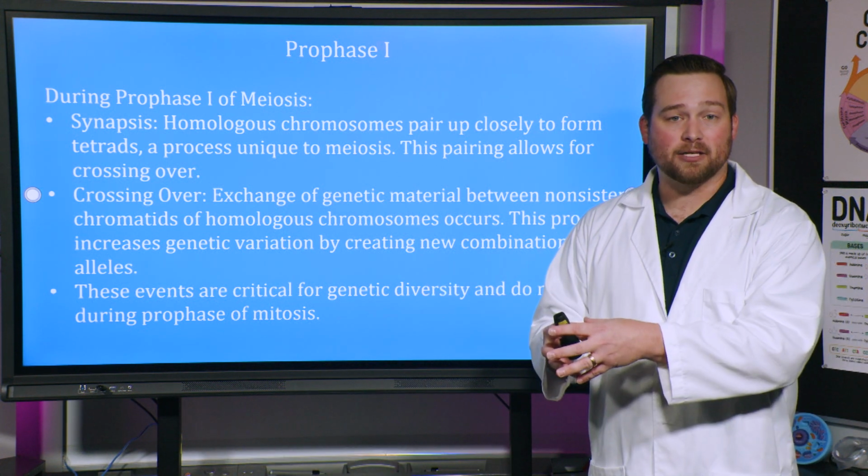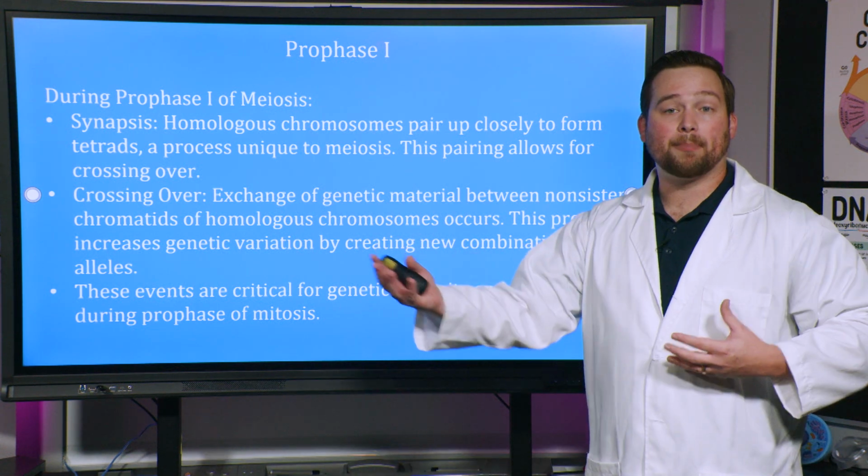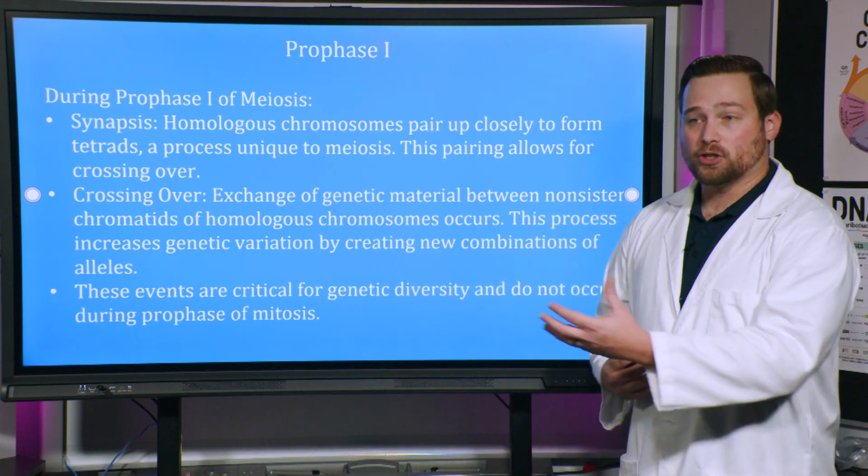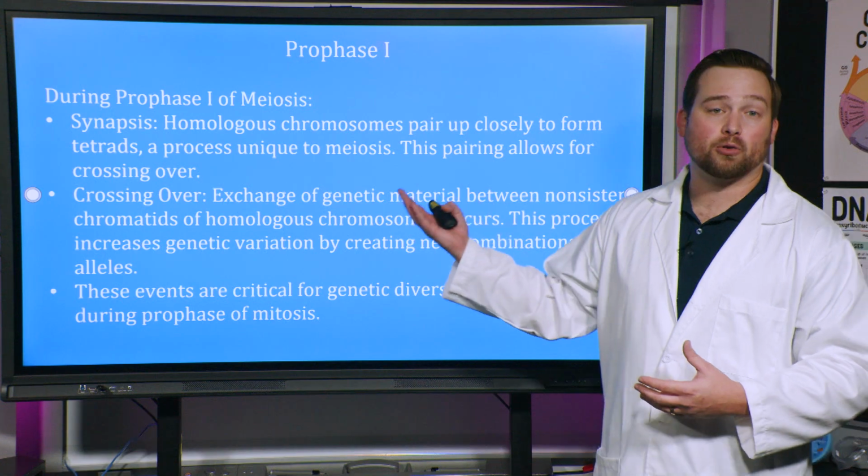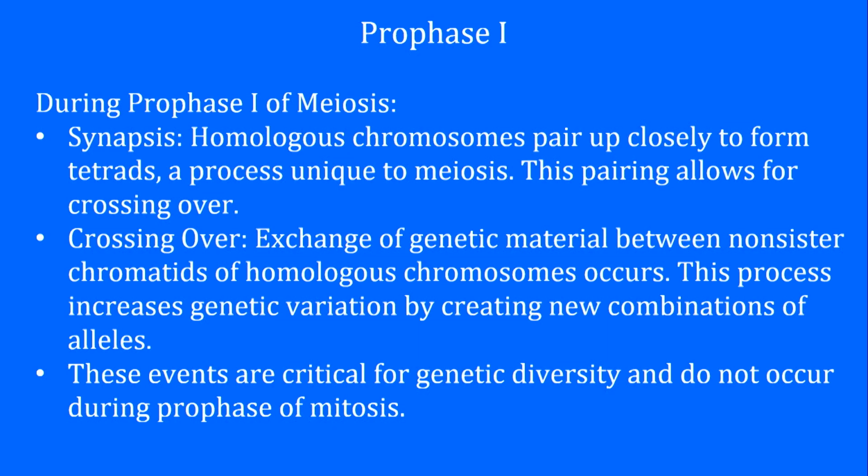When that tetrad is formed, they're going to swap some genetic material. That exchanging of genetic material is called crossing over. When crossing over happens, they exchange their genetic material between those non-sister chromatids of the homologous chromosomes. This process is going to increase genetic variation by creating new combinations of alleles.